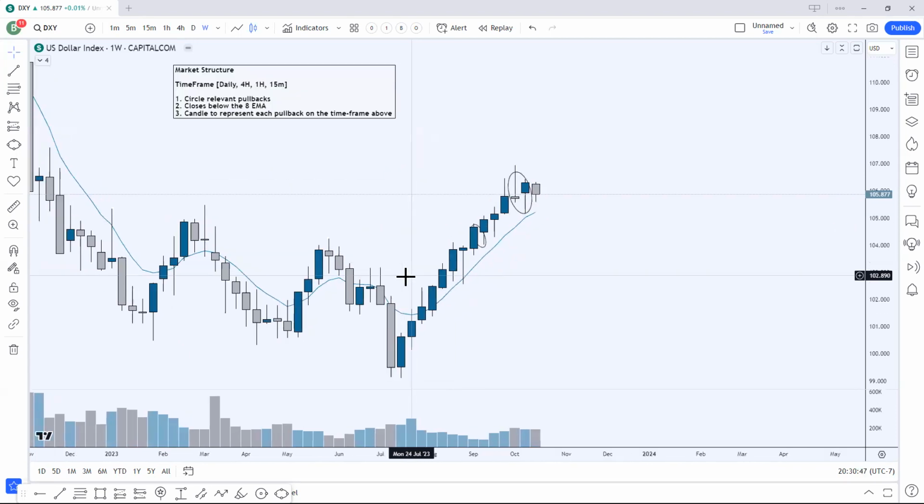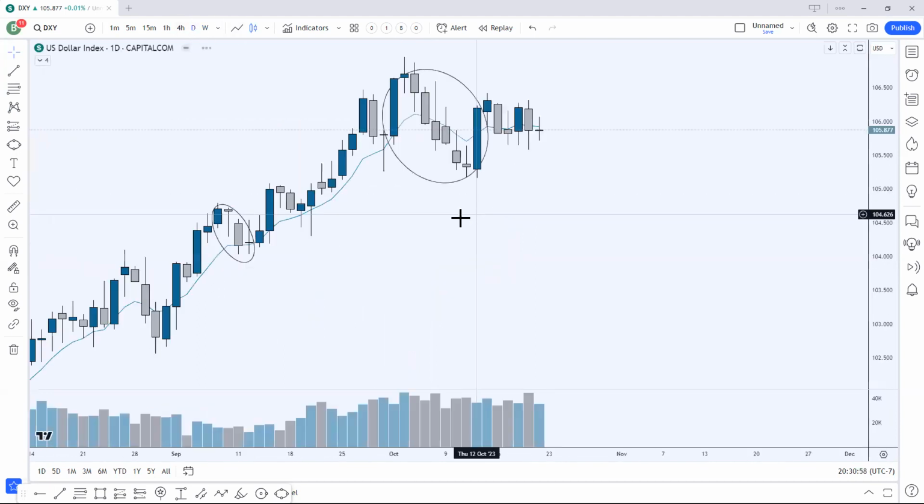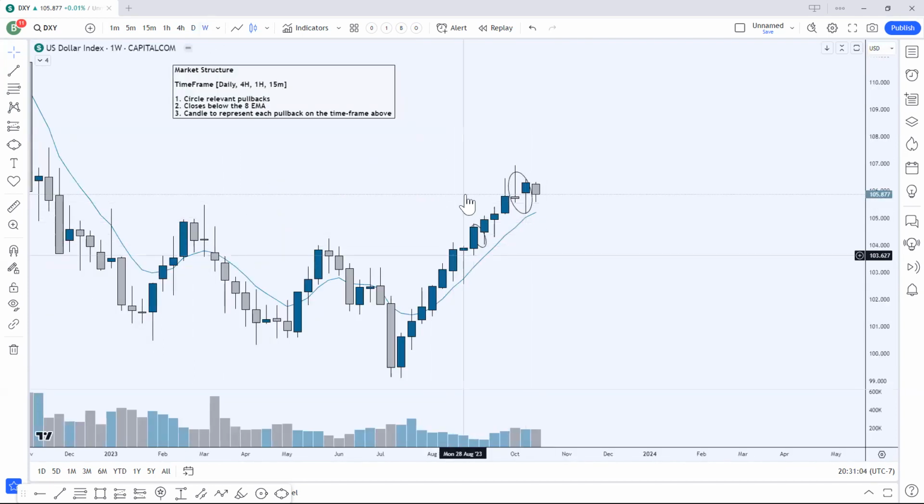This one here is one where my eye might not have told me it was something worth looking at to begin with. But we did see on the daily that body close, just barely, so we said, okay, let's look at it. But when we go to rule number 3, there's no bearish candle there. So none of these are valid daily pullbacks.